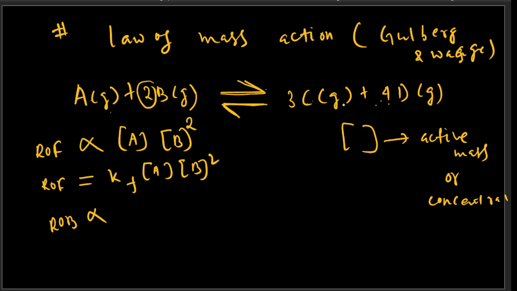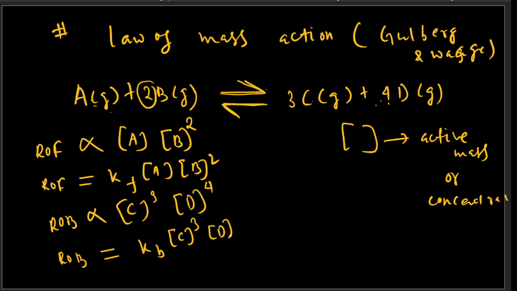So the rate of backward reaction depends on the concentration of C cube, with the stoichiometric coefficient as the power, and the concentration of D to the power 4. If I remove the proportionality, we have to put one constant, that is Kb, times C cube D to the power 4.